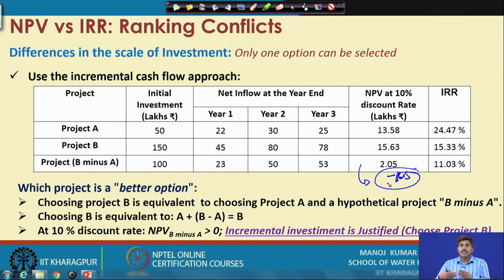We will take a few other cases comparing net present value and IRR in the next class. We will end here, and in the next session we will discuss a few more cases on these ranking conflicts between NPV and IRR. Thank you.